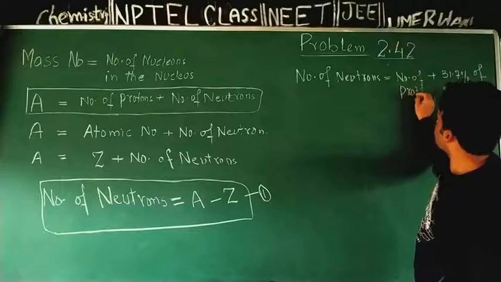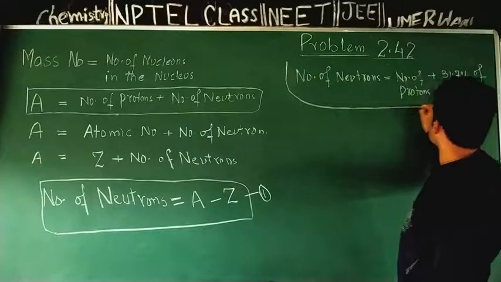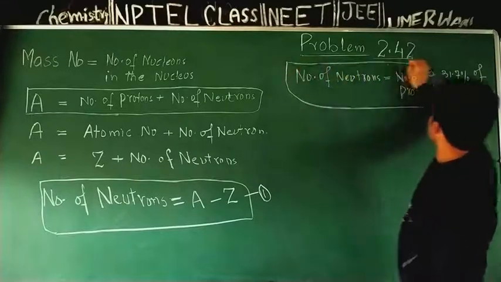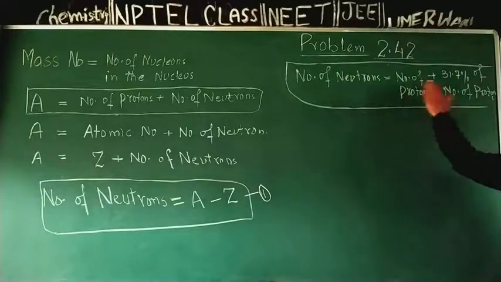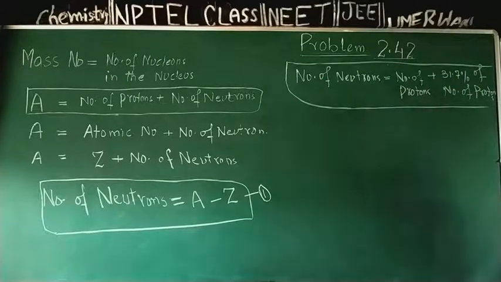This is for this particular element. Relation between number of neutrons and protons in it is given, and question says that number of neutrons is 31.7% greater than number of protons.